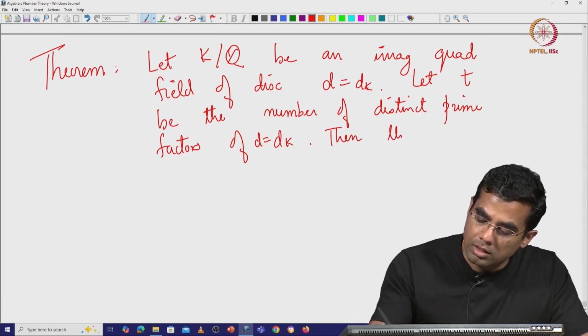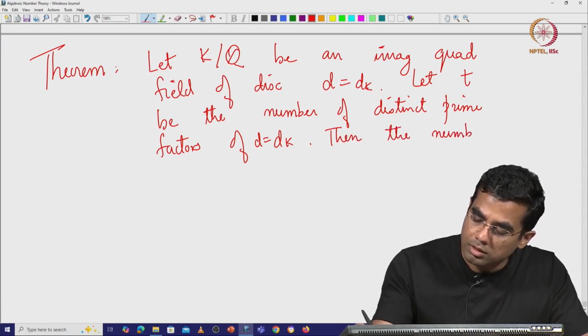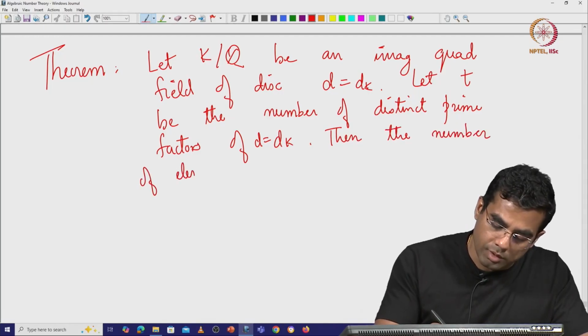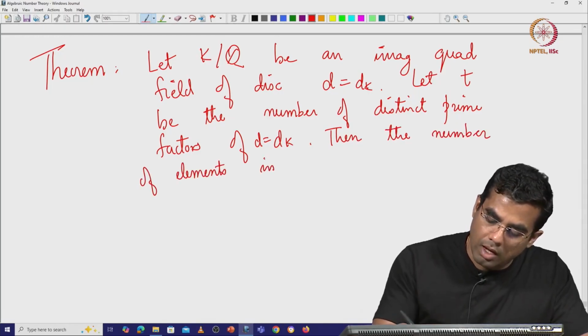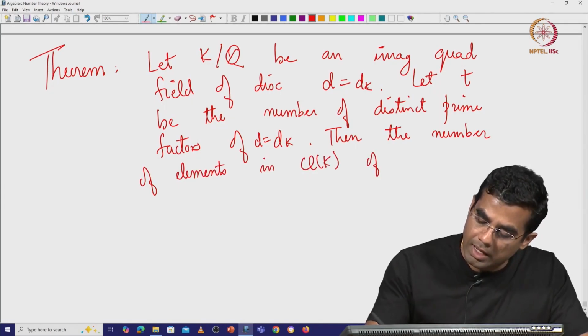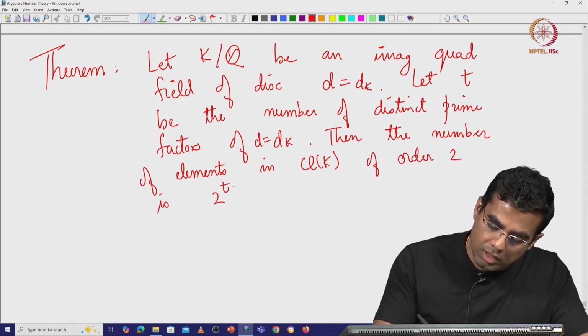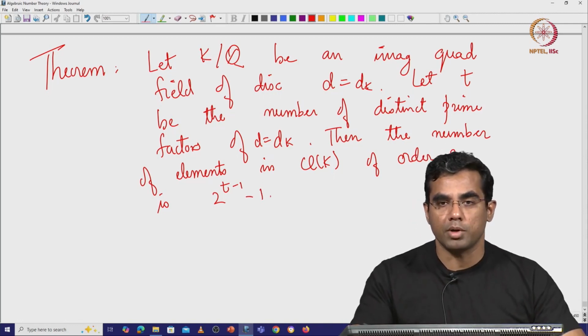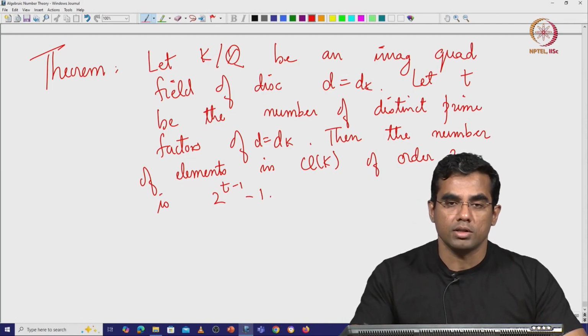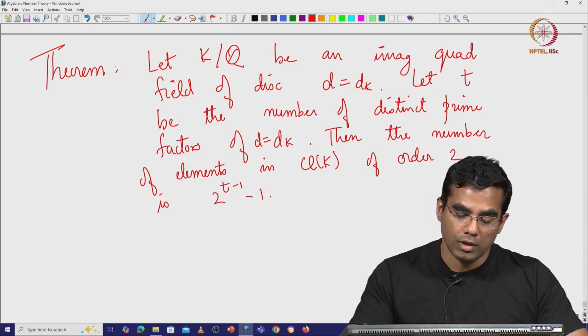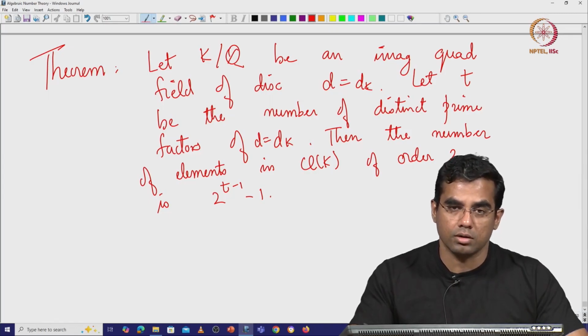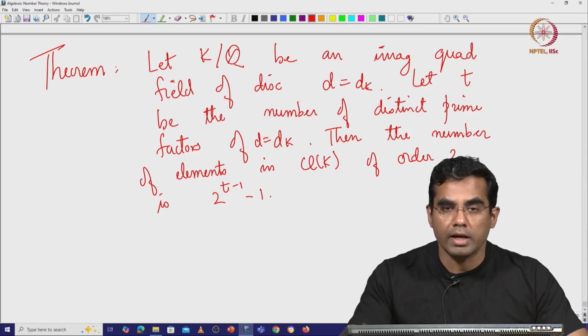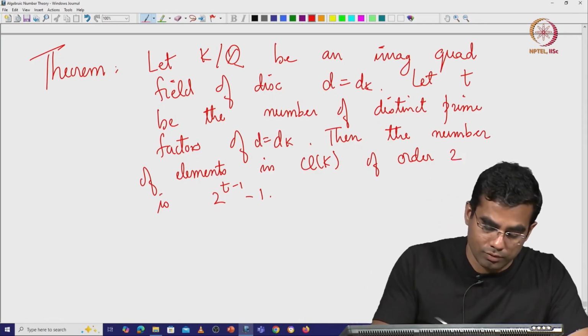Then the number of elements in the ideal class group of K of exact order 2 is 2^(t-1) - 1. So, if there are two distinct prime factors for the discriminant, then there will be exactly one element of order 2. If there are three distinct prime factors of the discriminant, then there will be exactly 3 elements of order 2 and so on and so forth.